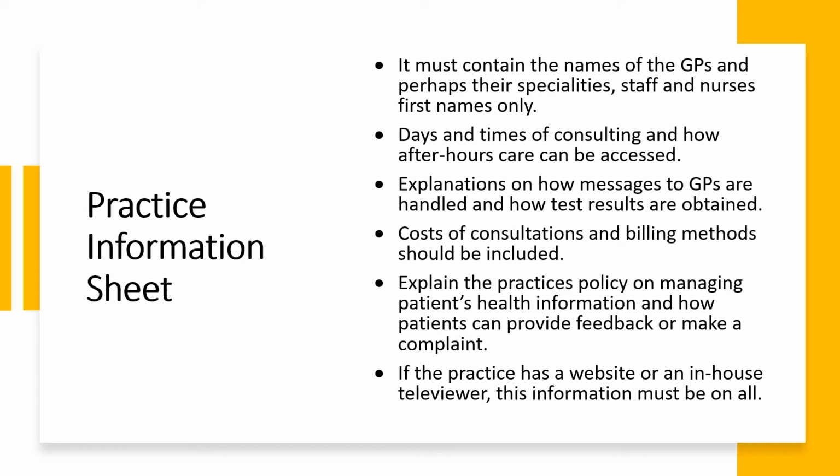Costs of consultation and billing methods should also be included. Explain the practice's policy on managing patient health information and how patients can provide feedback or make a complaint. If the practice has a website or an in-house televiewer, this information must be on all.